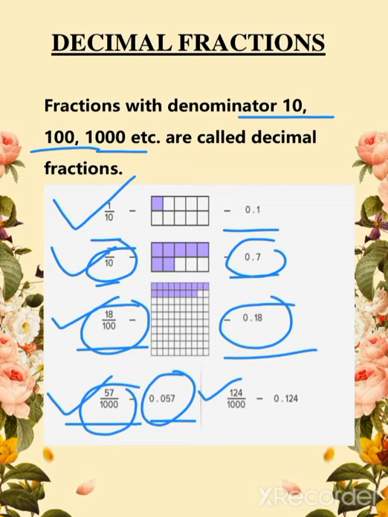Similarly, 124 by 1000 can be written as 0.124, again because the denominator is 1000, so the point must be placed before three digits. So we can generalize it: we place our point before as many digits as there are zeros in the denominator. So this is the conversion of decimal fractions into decimal numbers.